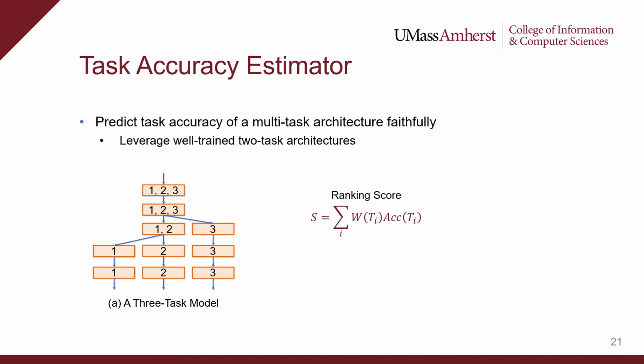The final ranking score for this three-task model is calculated as the weighted sum of the tasks' accuracy. Here we use SVDE as a weight to capture the task accuracy variance when training two-task models. So tasks with higher accuracy variance will have lower weight in the ranking score.